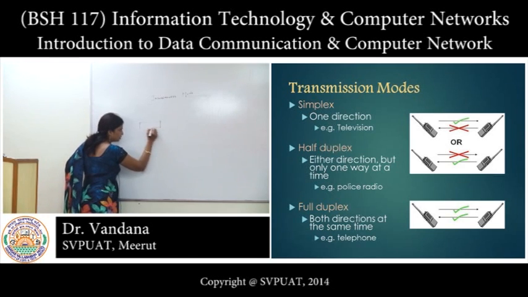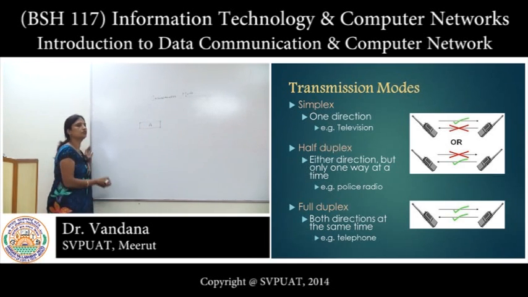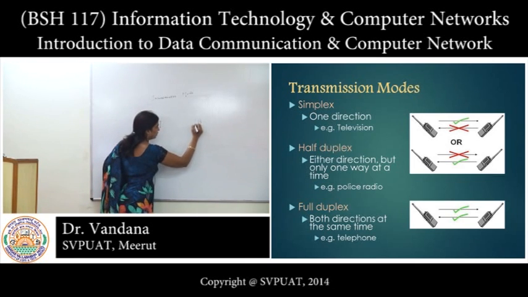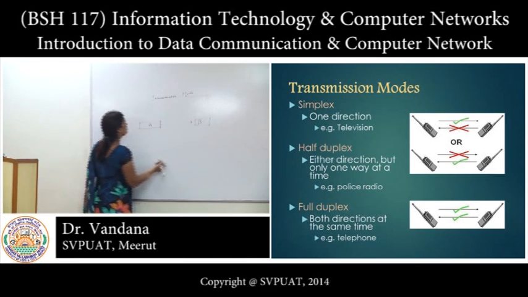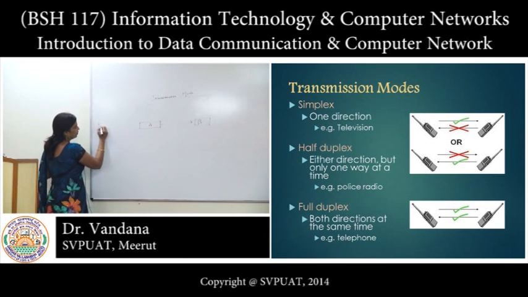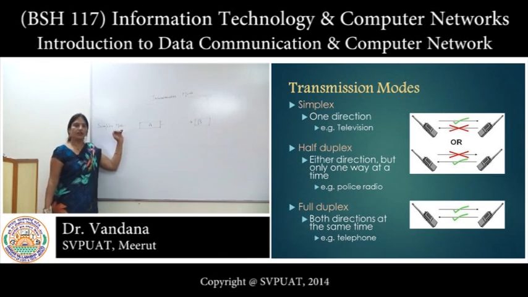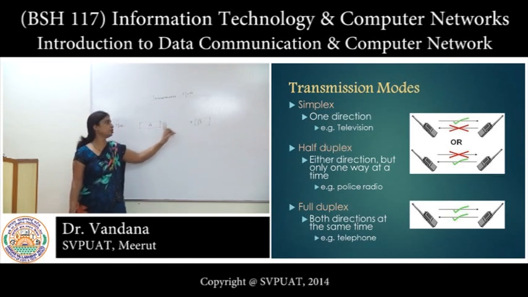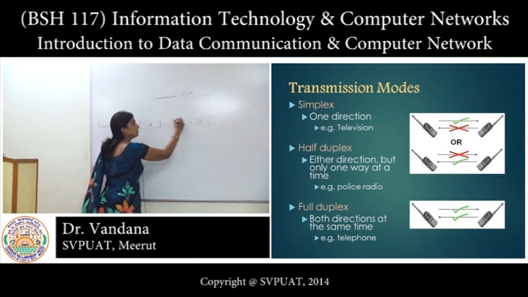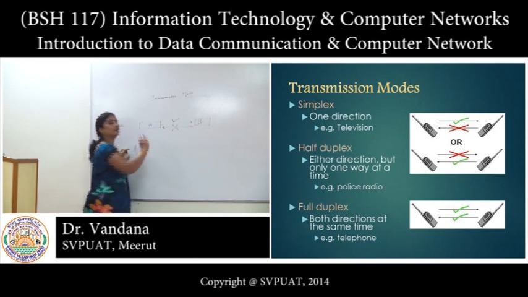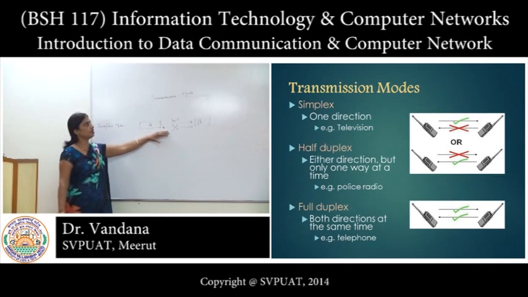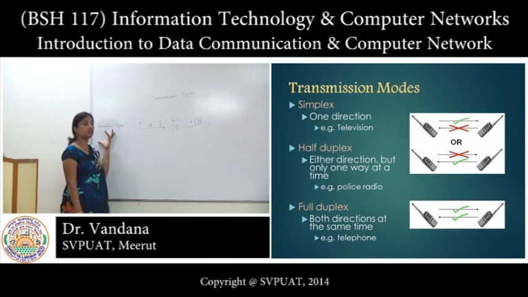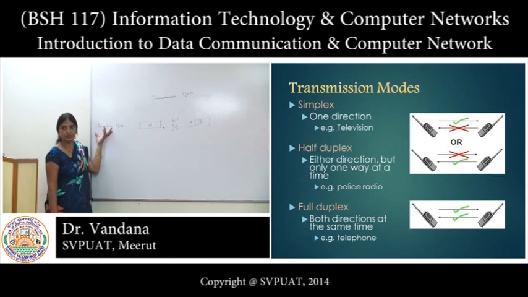If I say this is node A, which is supposed to interact with node B, then one type of transmission mode is simplex mode. The transmission mode is said to be simplex if the transmission is only in one direction. That means node A can send some information to node B, but vice versa is not true. B cannot send the information to A. Such type of transmission is known as transmission which takes place in simplex mode, right?